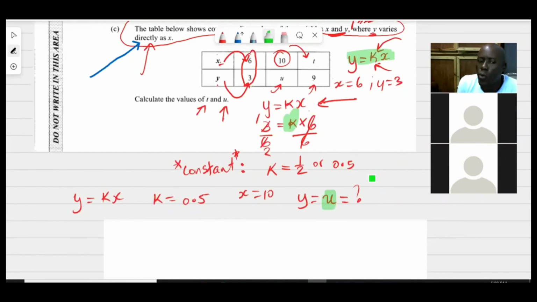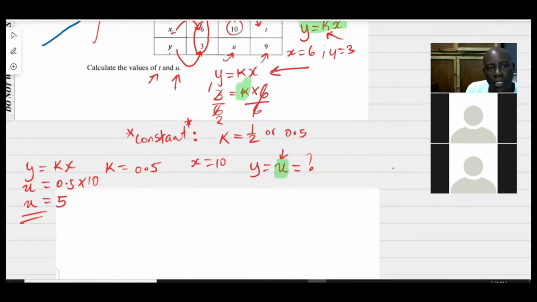So I'm going to put the u where y is, so that at the end of the day, I'll get u equal. Now, y is equal to kx. Y is called u, so u is equal to kx, but k is 0.5 and x is 10. Look how easily we find u. U is equal to a half of 10, which is 5. Done. So u is 5.